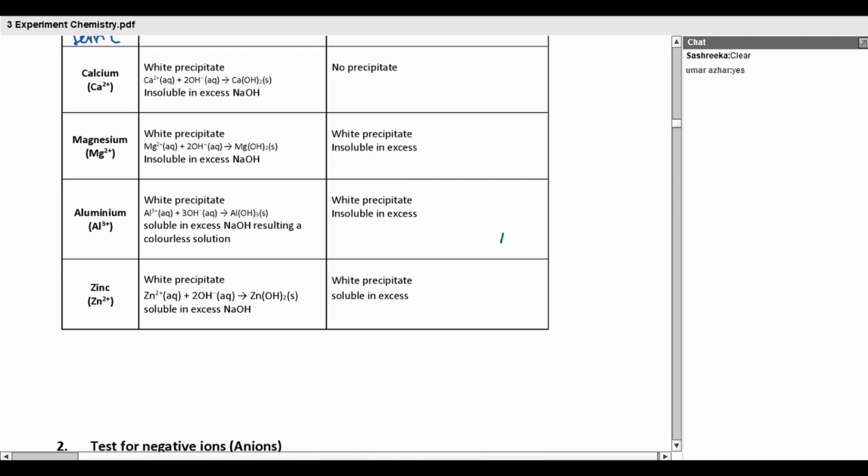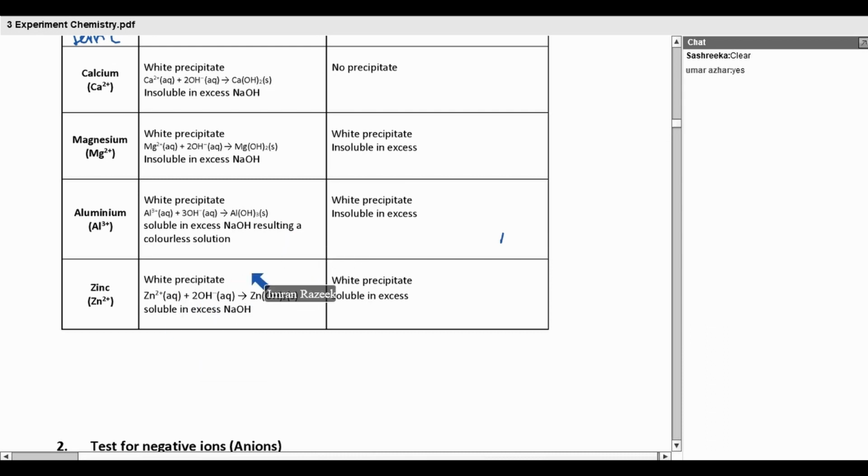Because ammonia is a weak alkali, it cannot dissolve the aluminium hydroxide precipitate. So that's how we test for the aluminium ion. With sodium hydroxide, the white precipitate dissolves. With ammonia, the white precipitate does not dissolve.